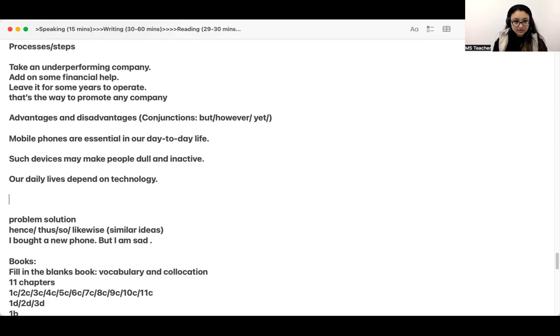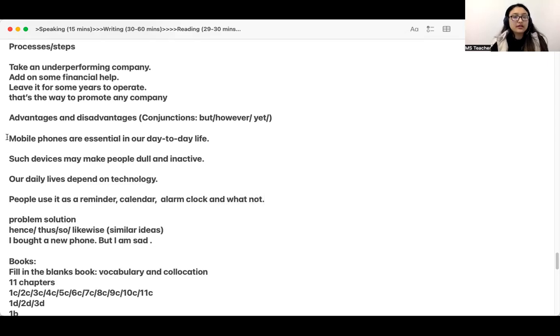Then let's talk about something again related to mobile phones. People use it as a reminder, calendar, alarm clock, and whatnot.